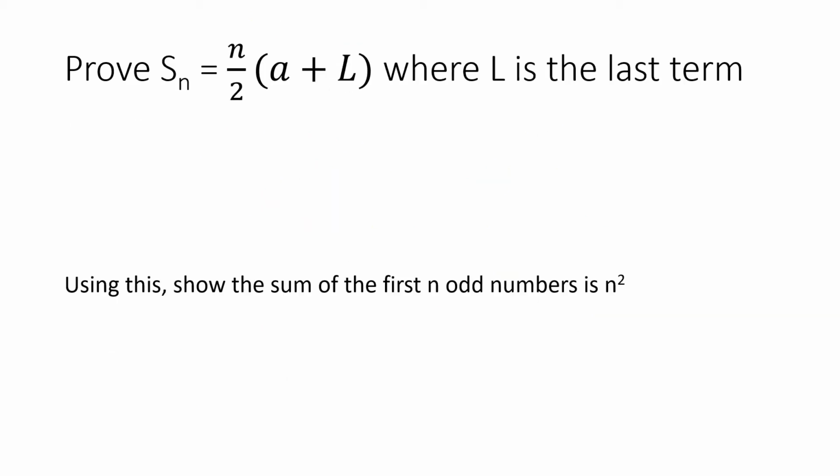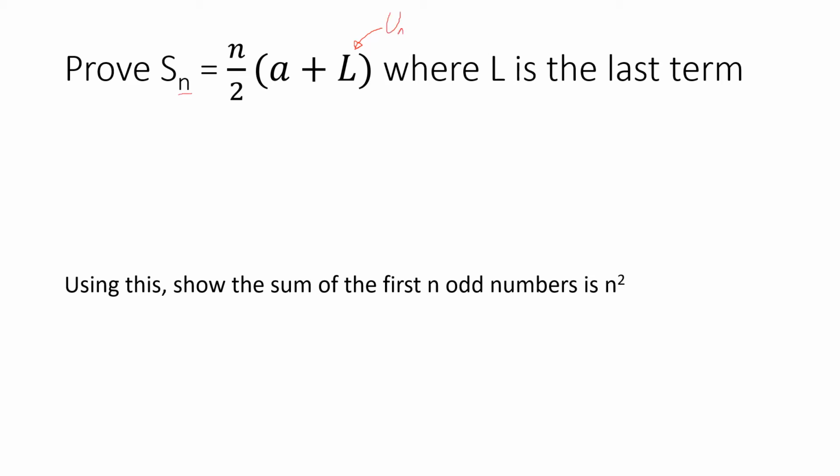Okay, so there is actually another version of Sn that I haven't introduced so far to avoid confusion, but it's worth knowing that it exists and how we can prove it's the same thing. So I'm saying that Sn is also equal to n over 2 times a plus l, where l is the last term in the sequence. Now remember that the last term in the sequence of n terms will be the nth term.